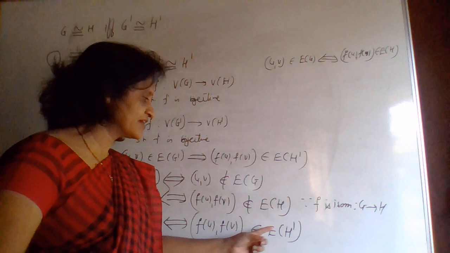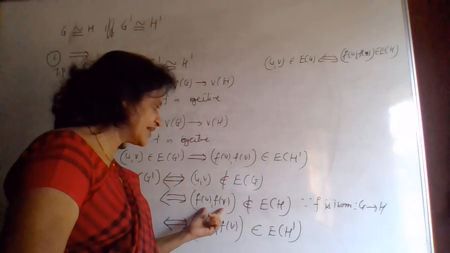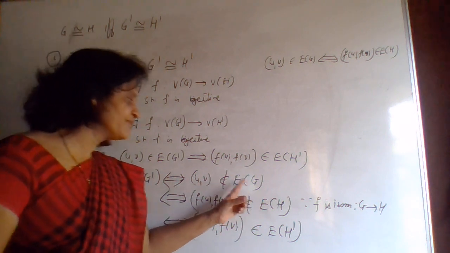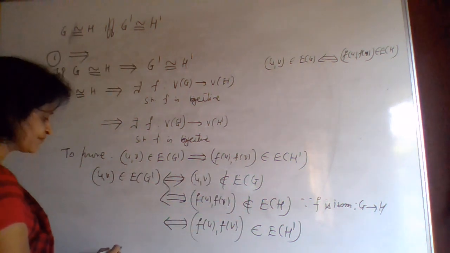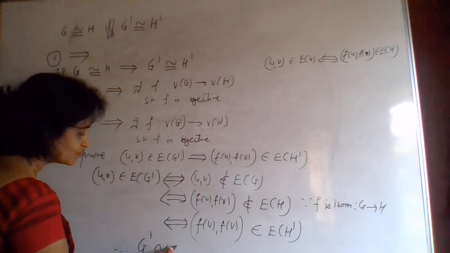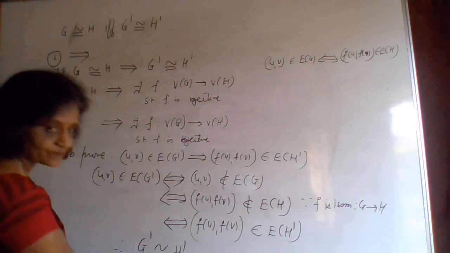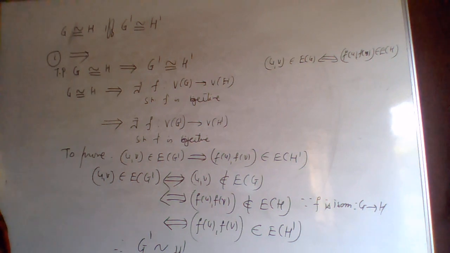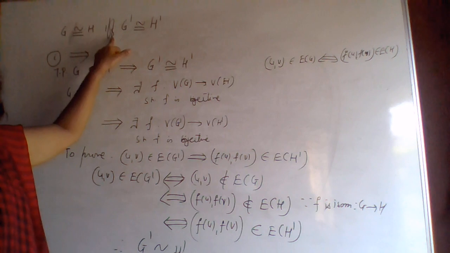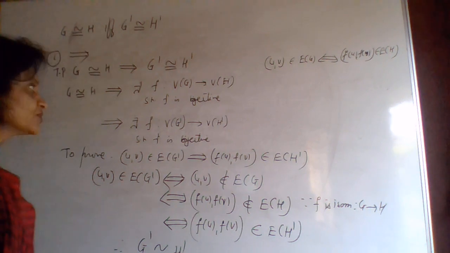If FUFV is any edge in H dash, it means that edge is not in H, which means its pre-image is not in G, and that means it is in G dash, and so we are getting G dash is isomorphic to H dash. So what we have proved is G is isomorphic to H implies G dash is isomorphic to H dash.